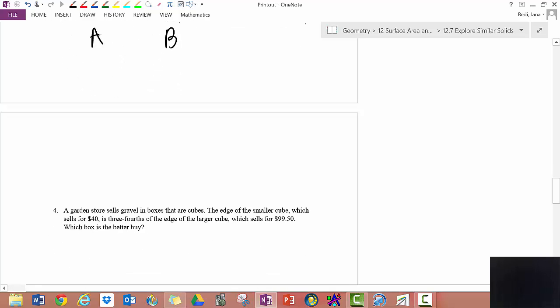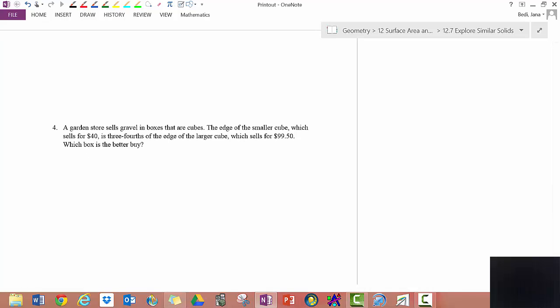Word problem. So let's look at the word problem. A garden store sells gravel in boxes that are cubes. So cubes, any two cubes will be similar.